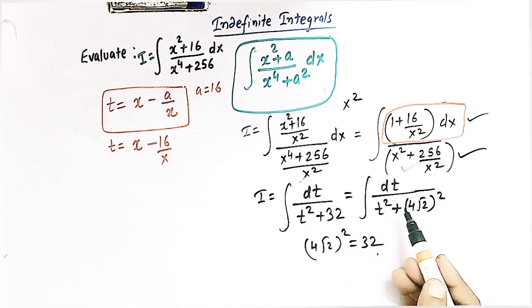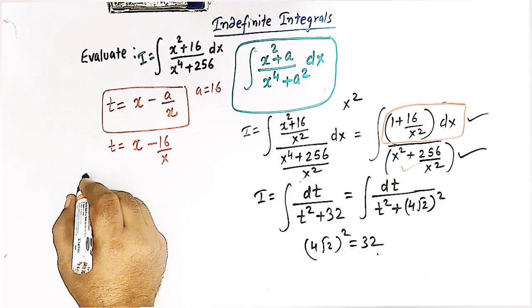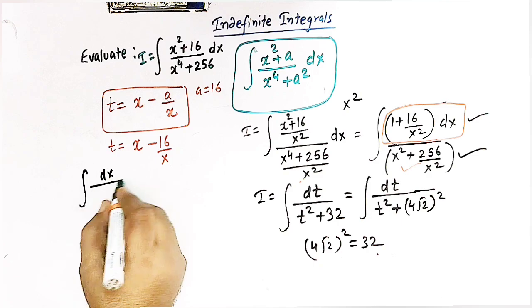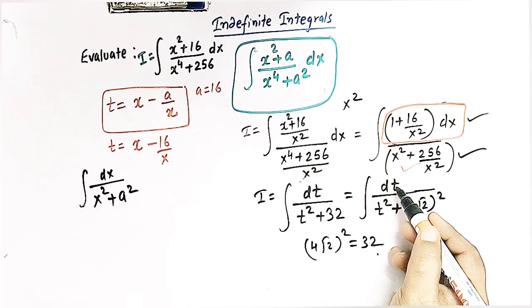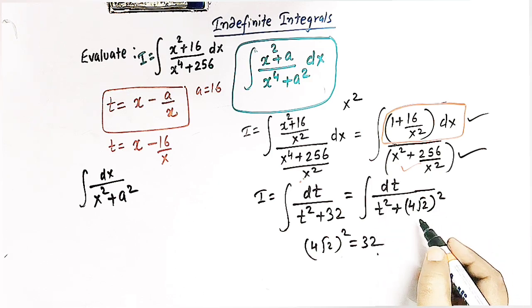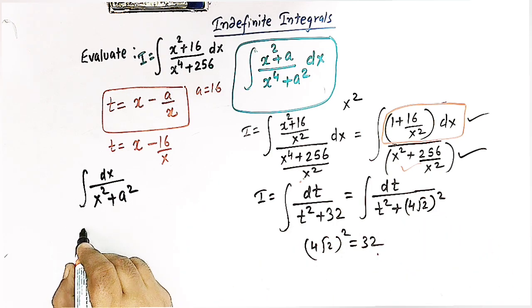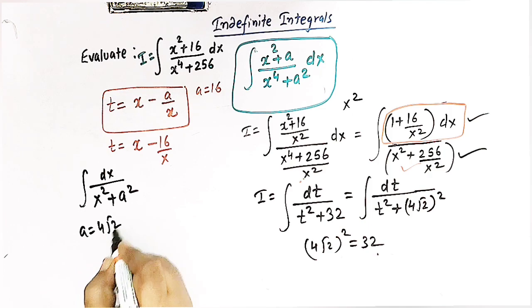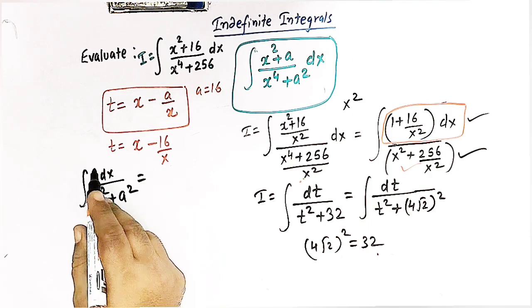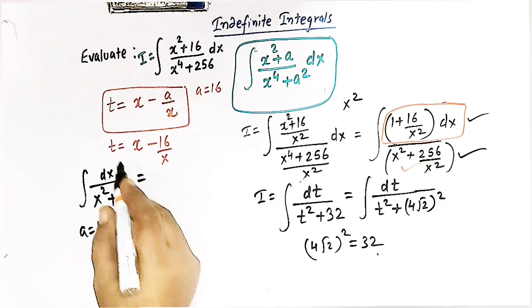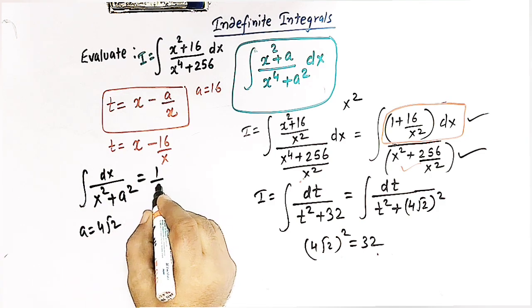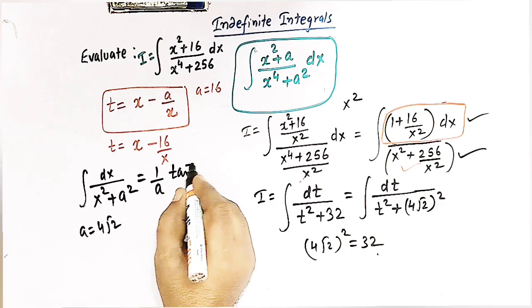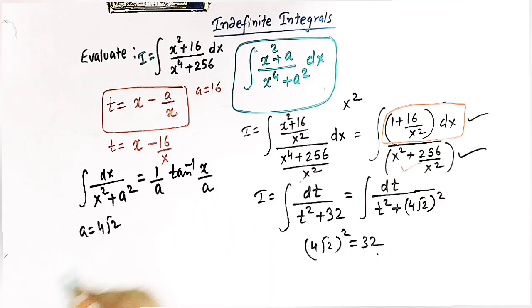So now our integral I is of this form, that is integral dx over x square plus a square. And here the difference is that we have the variable t, and for a we can write 4 times square root of 2. And this integral is a standard integral in indefinite integrals, and the value is given by 1 over a tan inverse x over a, right?